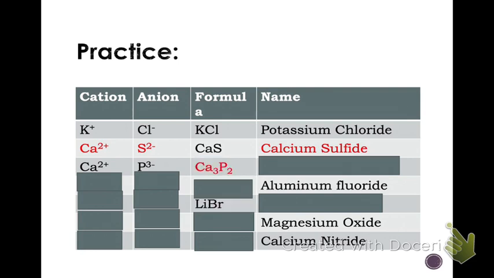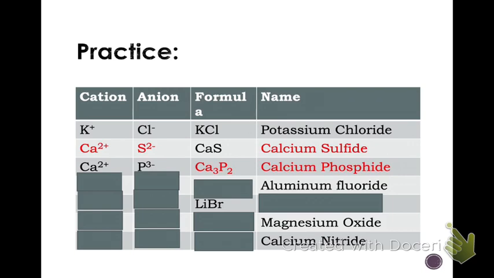So we're going to need 3 calciums and 2 phosphorus to give our compound an overall 0 charge. And the name of this one is calcium phosphide. Any questions so far? Are we doing okay?